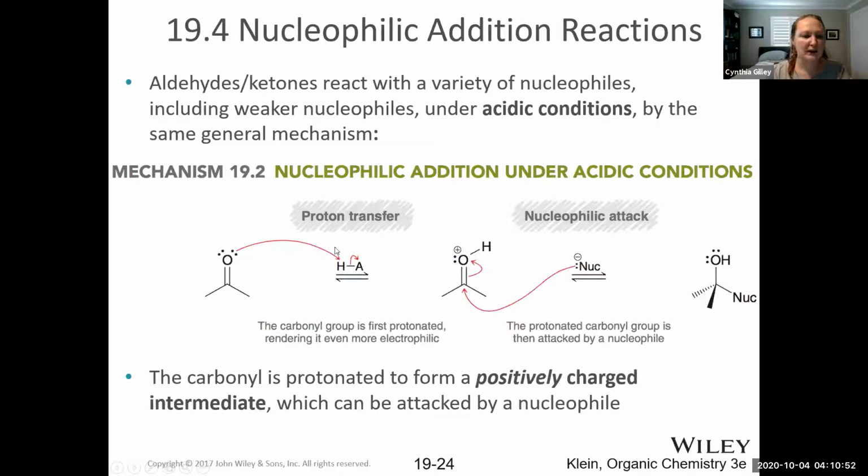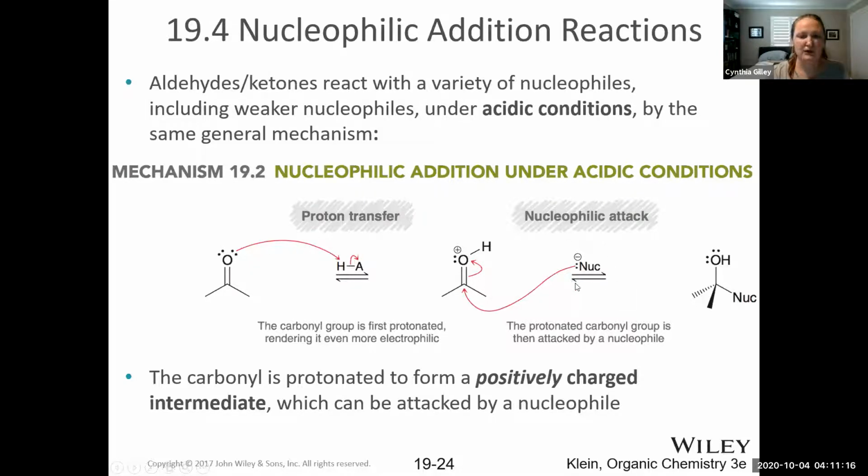The nucleophile can also be weak. So instead of HBr, let's imagine we used H3O+, right? If our acid was H3O+, we know that hydronium ion will transfer a proton to the ketone, generating this intermediate, and our nucleophile is then water. Water is actually considered a weak nucleophile, right?